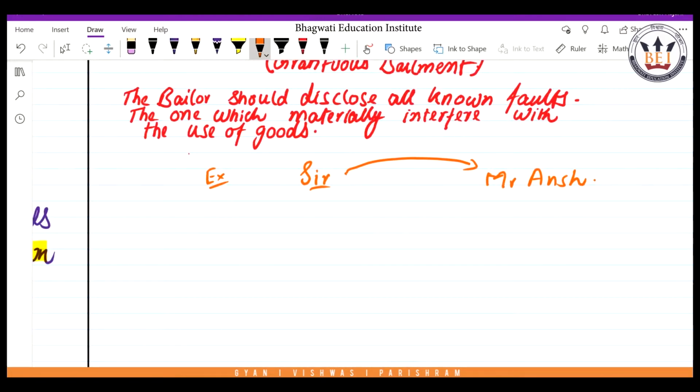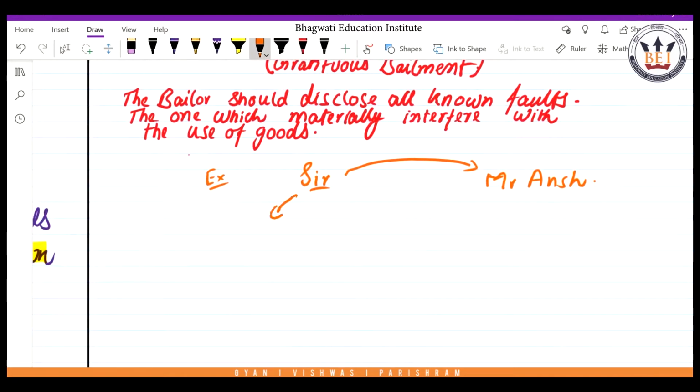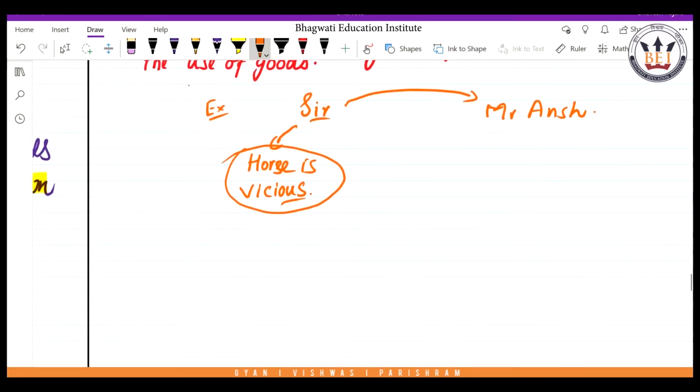So I'll write over here, horse is vicious, right? And Sir is not aware, right? So we'll break this condition down into two parts: when Sir is aware, when Sir is not aware about the same.